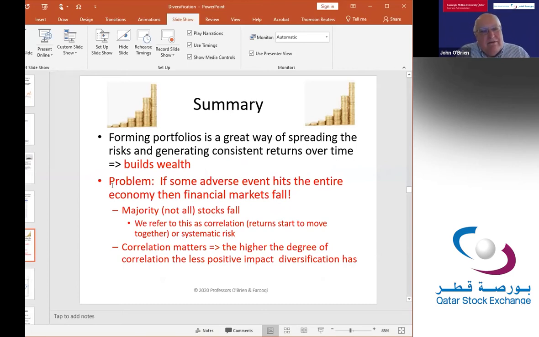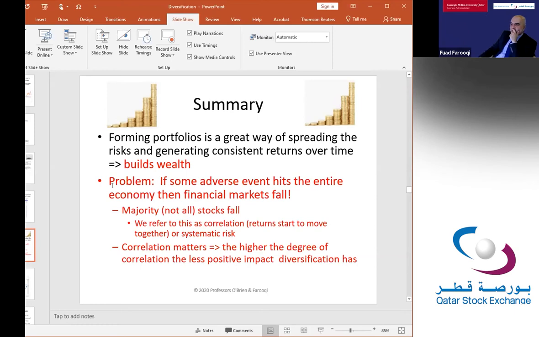Sometimes the market surprises you, but generally it's quite predictable, the response to a news event like that. So if some adverse event hits the entire, let's consider the next problem. If you can spread the risk, unsystematic events like that, you can shrug them off with a diversified portfolio.